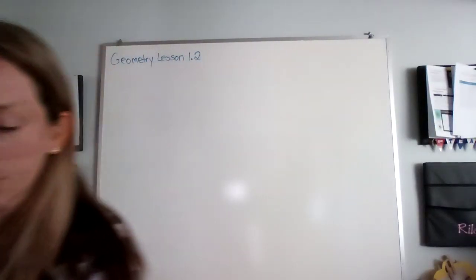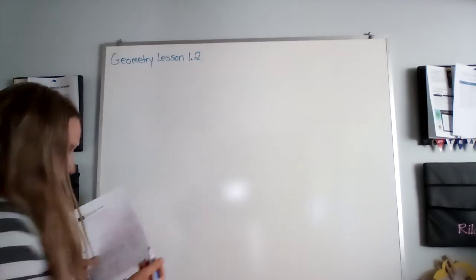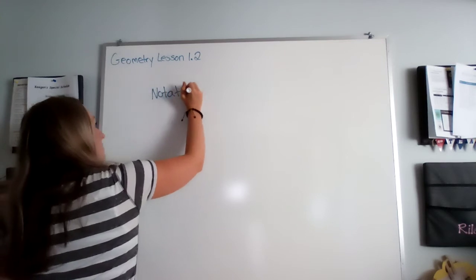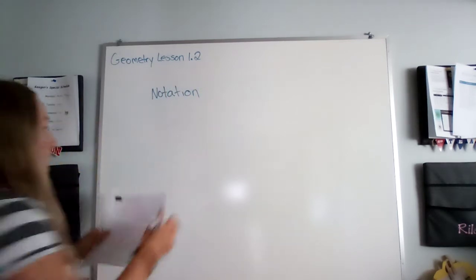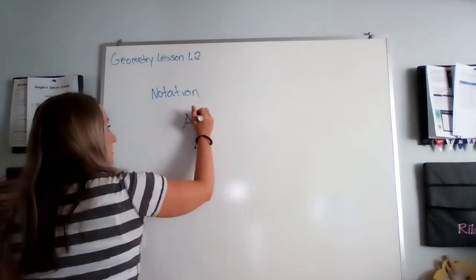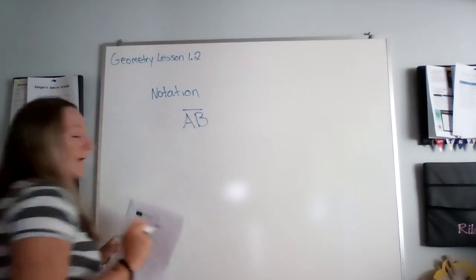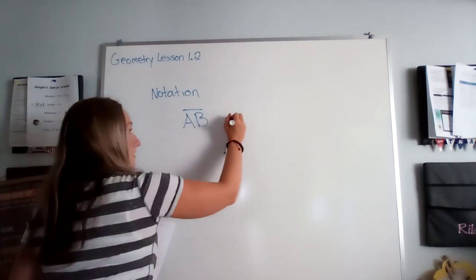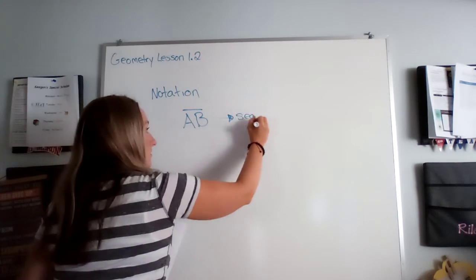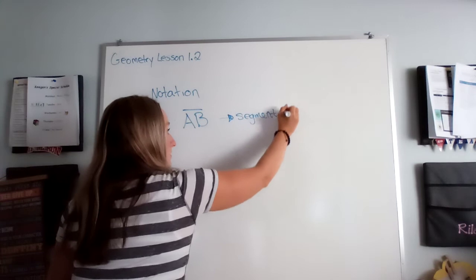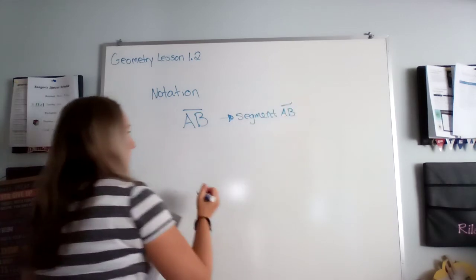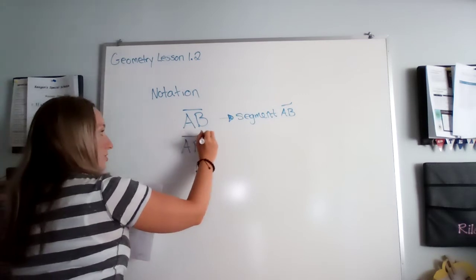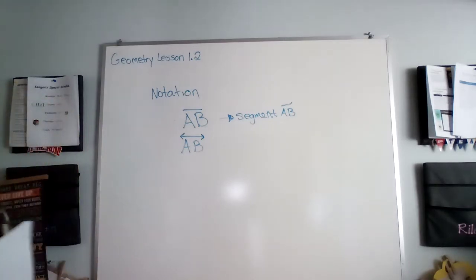So as I said, in geometry, the notation is super important. So I'm just going to go through notation again. All right, so we could say AB with a little bar over top of that. That's talking about segment AB. If we have AB with a little line notation over top, that's referring to line AB.